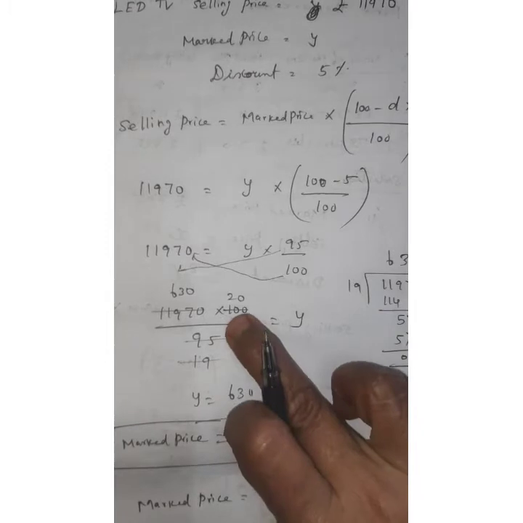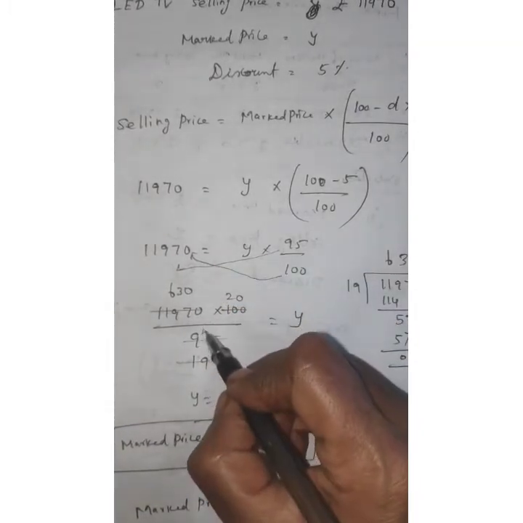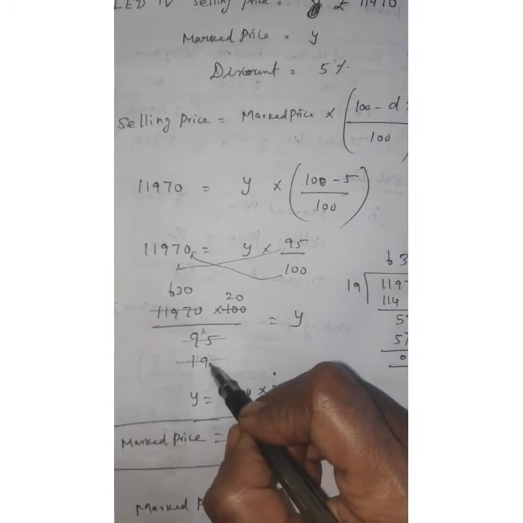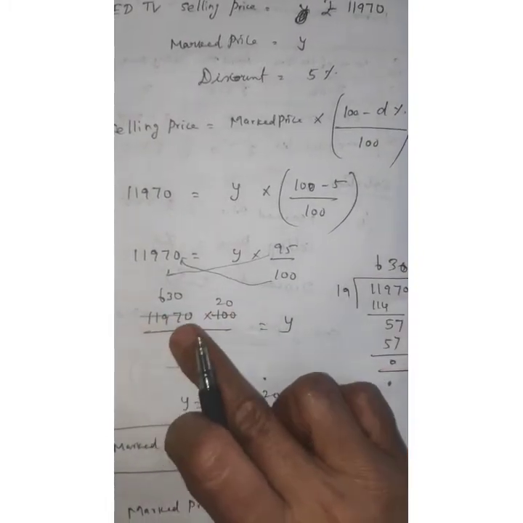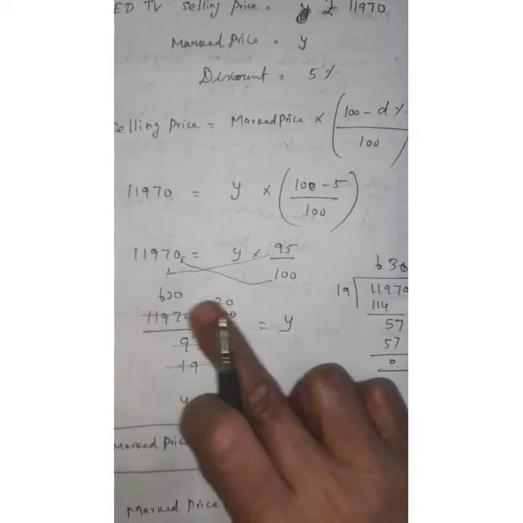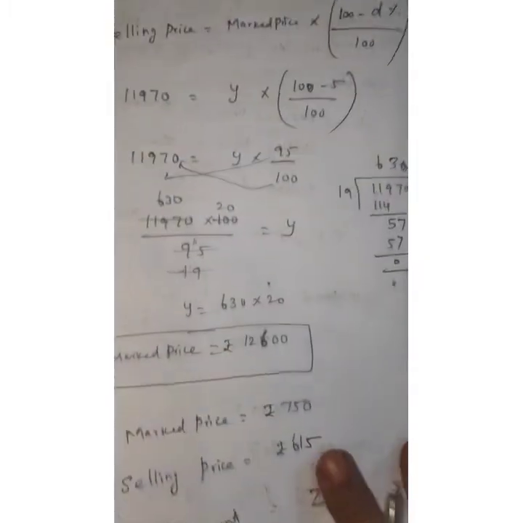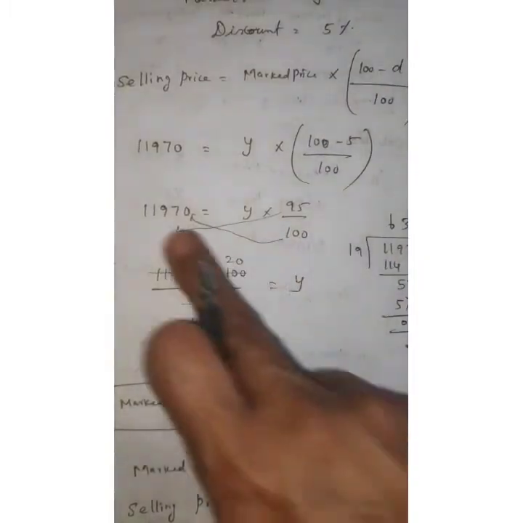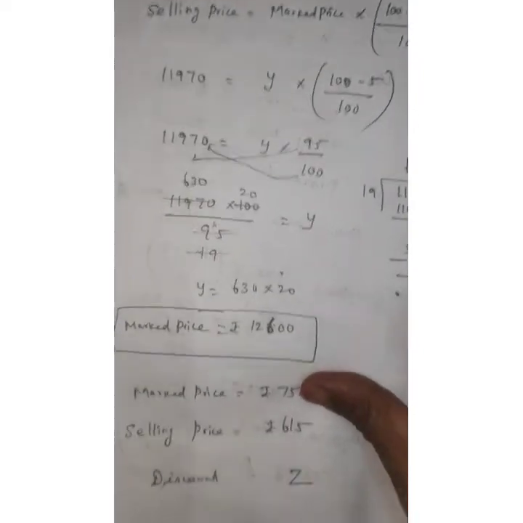Fifth table: 5 2s are 10, 0. 1 5 is 5, remaining 4, 9 5s are 45. Next 119 is 19, 63 9s are 11,970. These two numbers multiply and write: 630 into 20 equals 12,600. If you don't know the division, do the division here and practice the work.